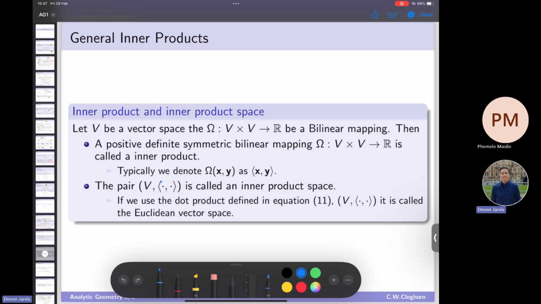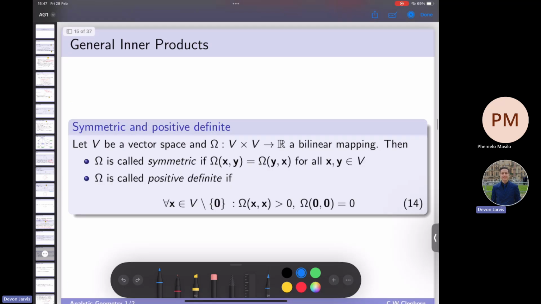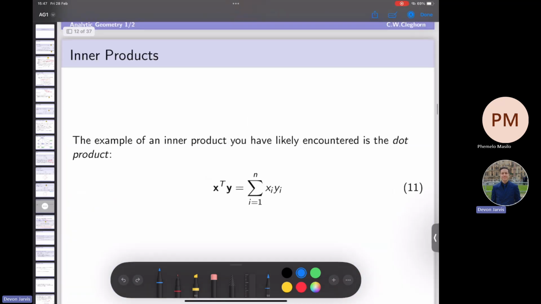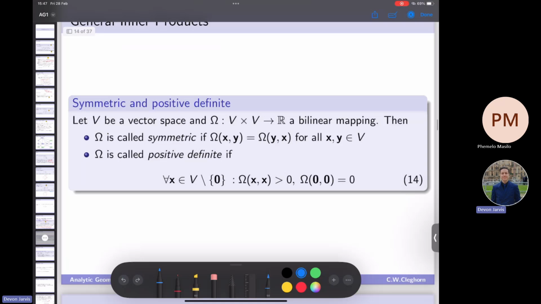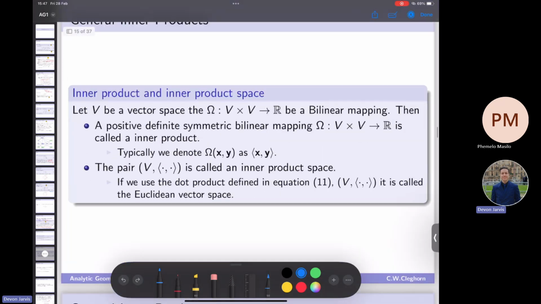Oftentimes in notation, you just put these little dots as placeholders for x, y, or whatever. If we use the dot product defined in equation 11, a dot product is one type of inner product. If we're using the dot product as our inner product, then what we get is Euclidean vector space.